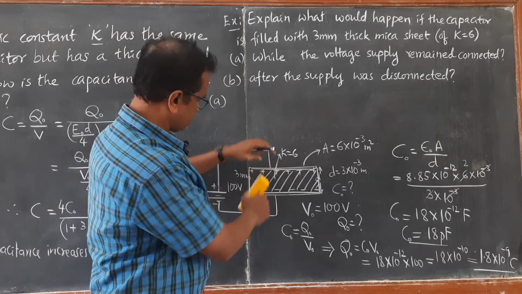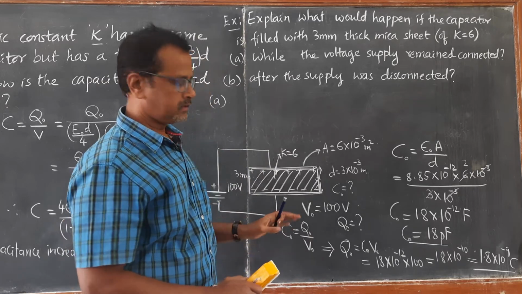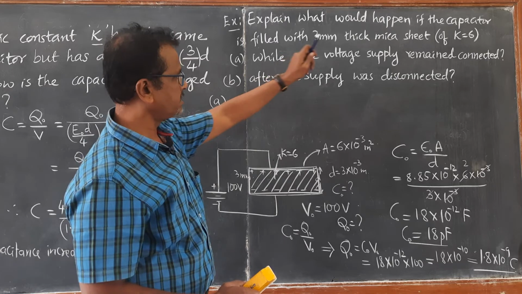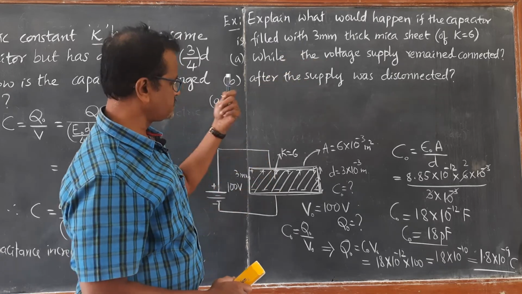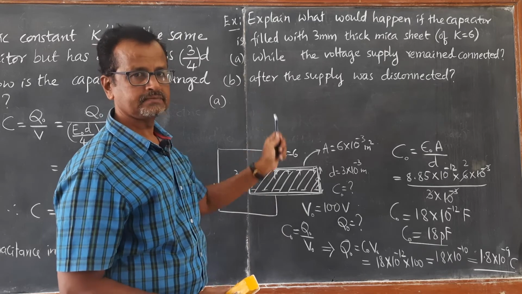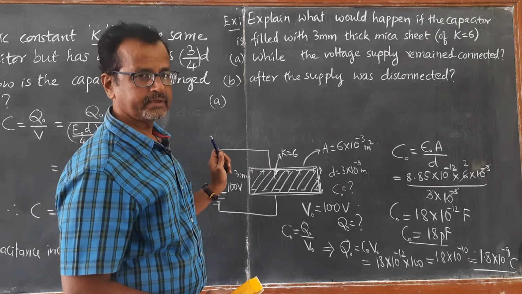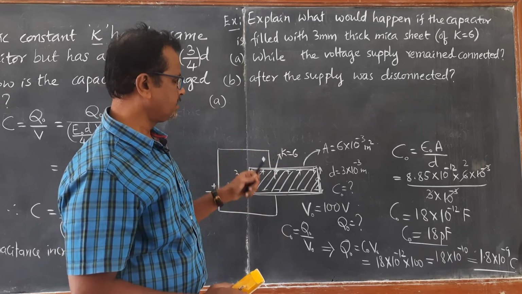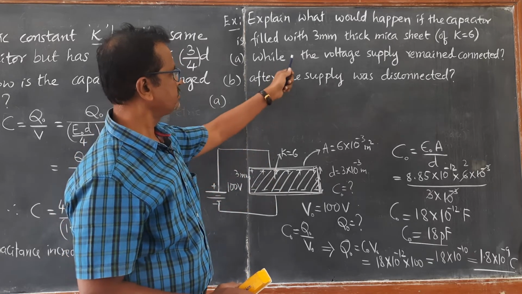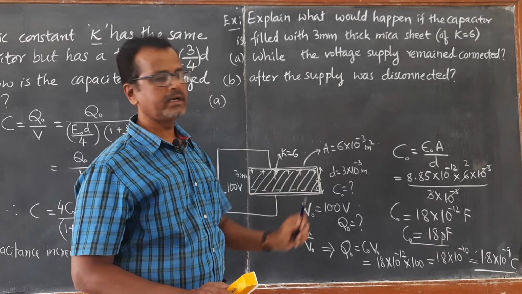Once it is fully charged and the external voltage supply is disconnected, what happens to the capacitance? What happens to the total voltage? What happens to the charge? These are the things to be calculated. We need to calculate the capacitance and the charge when the voltage is still connected.